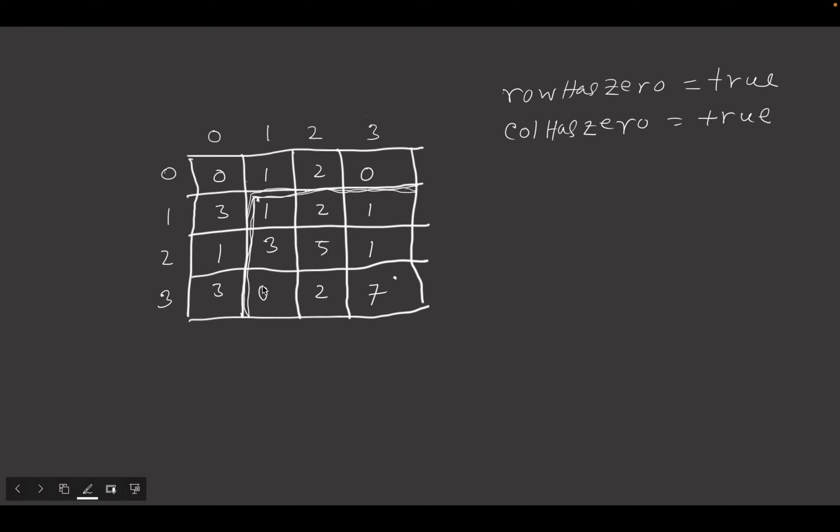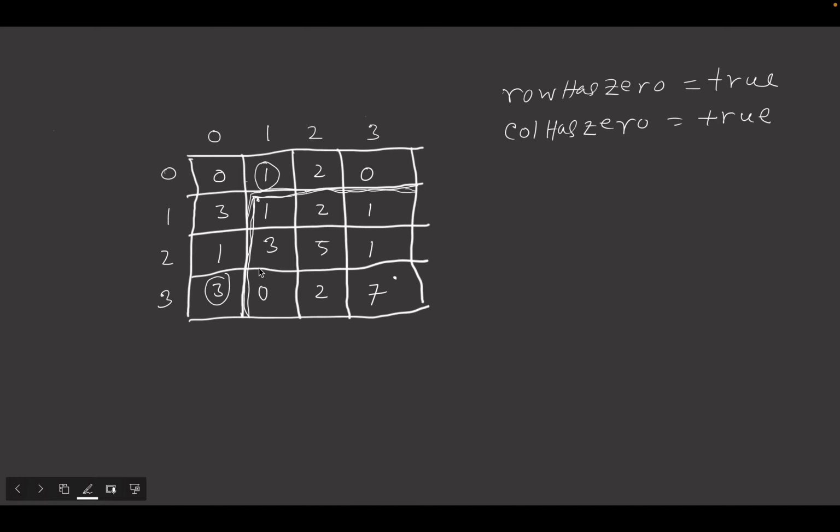If we find a 0, what we will do is mark the first element in the column and the first element in the row. What is the first element in this column? That is 1. What is the first element in this row? That is 3. I hope you understand what I mean by this.